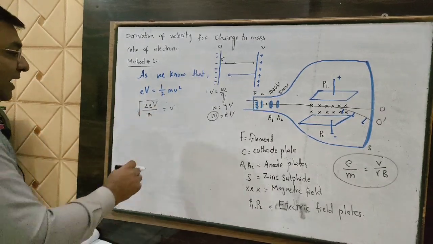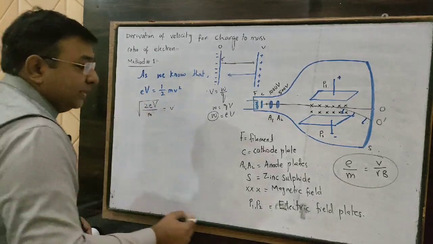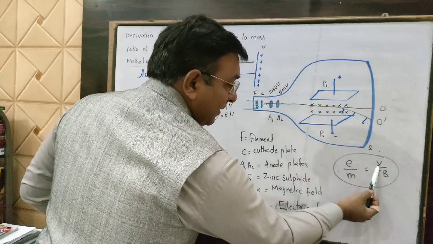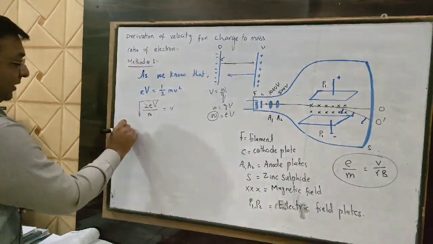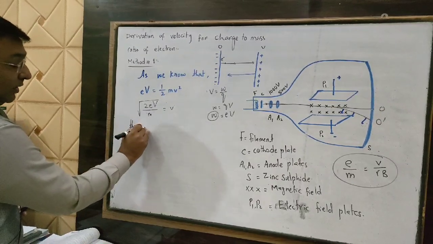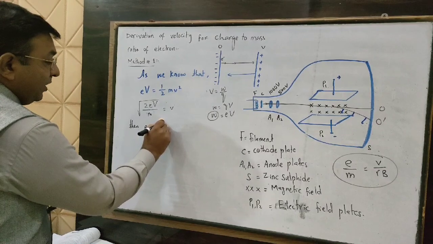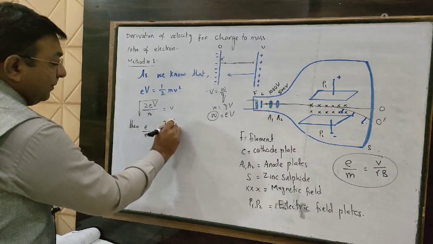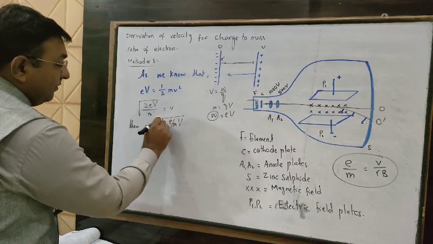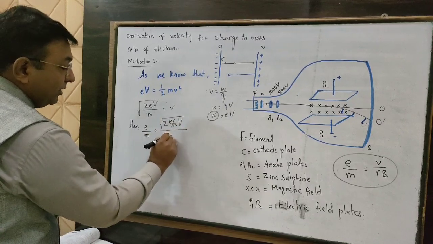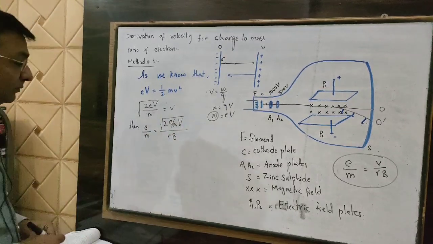If this value of small v is replaced in this equation, then the charge to mass ratio is equal to the square root of 2eV/m, upon Rb.